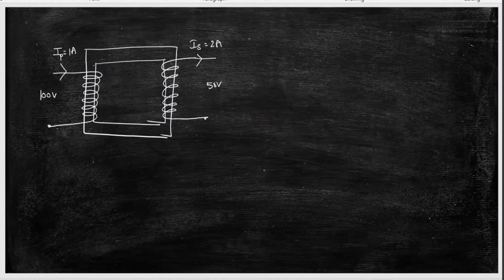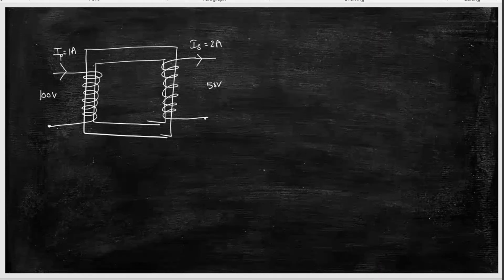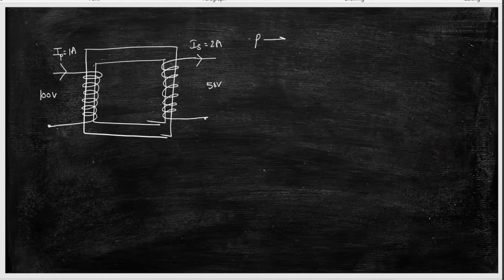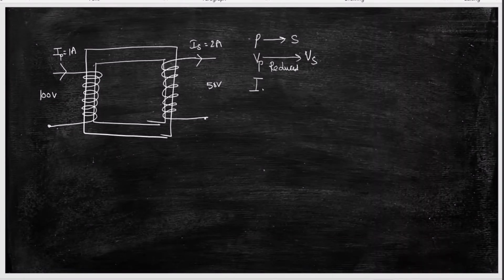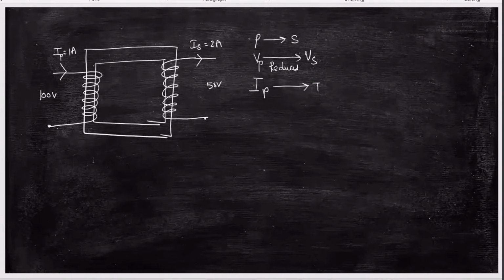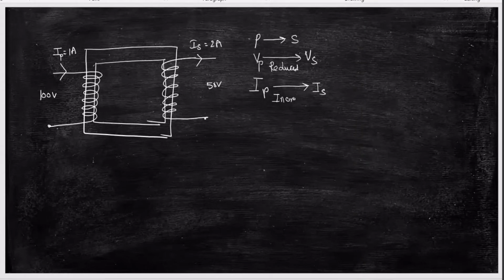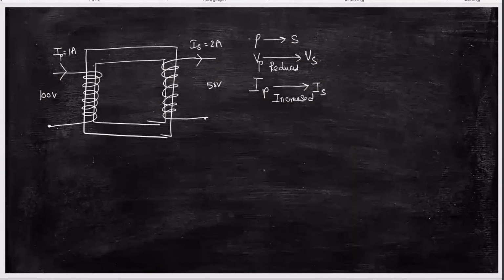Then what is happening here? When the voltage is being reduced from primary to secondary side, Vp to Vs is reduced, and Ip to Is is increased.